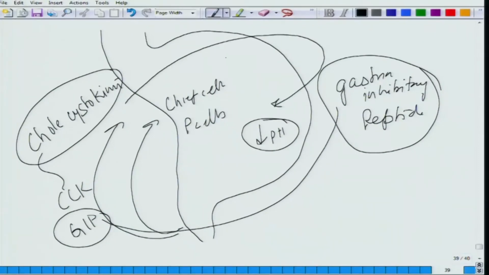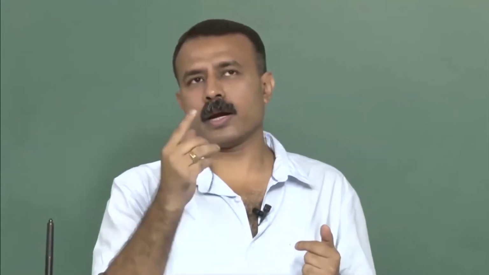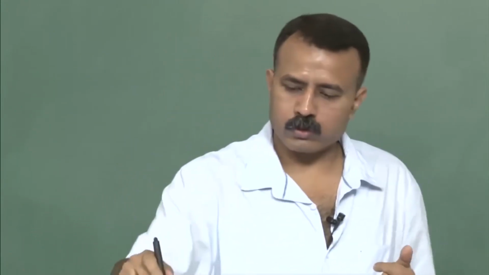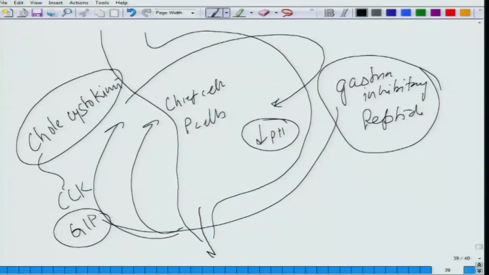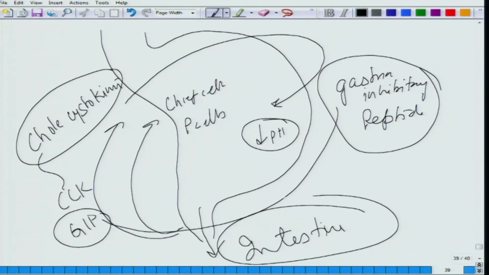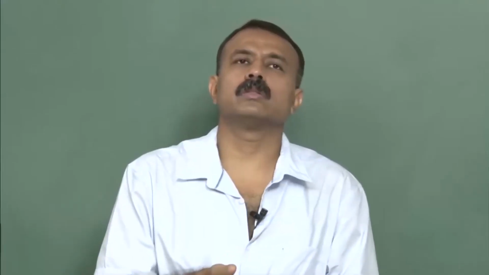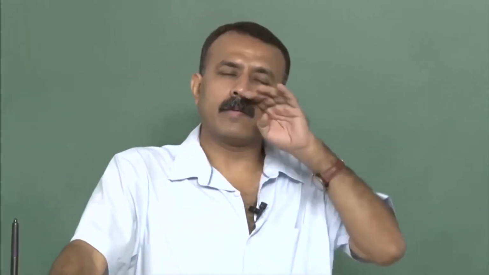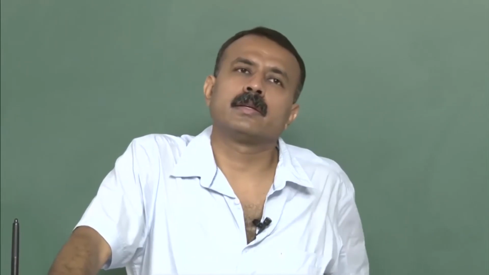Now it is like a food grinder slowing down, and the food is almost ready to move through the pyloric sphincter to the intestine for the next series of action. So this is the overall function at the basic level.